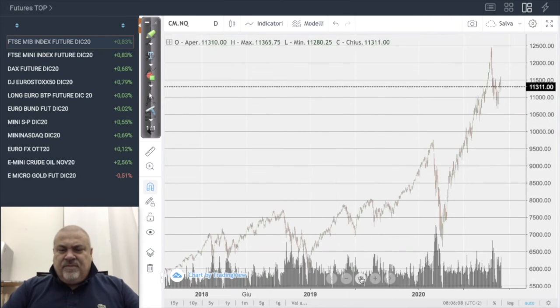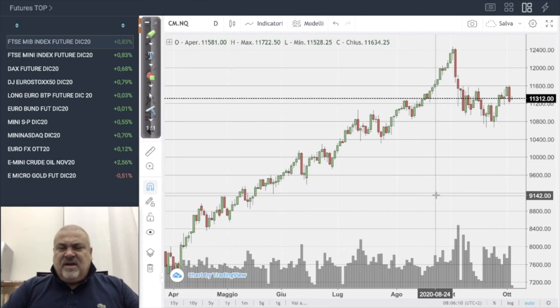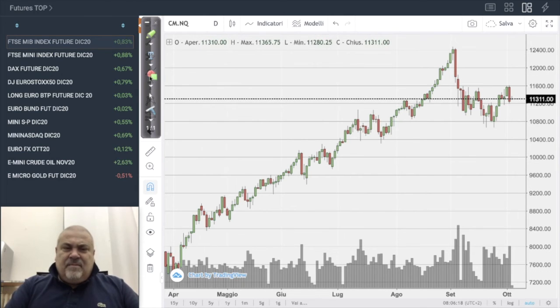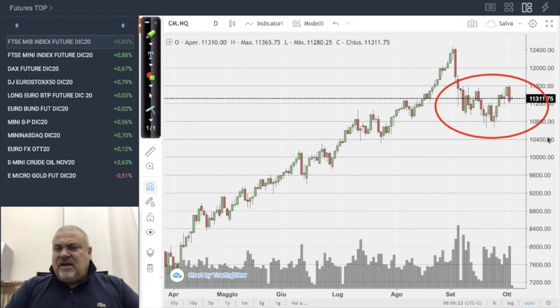And first of all, let's stay here on the Nasdaq, where we can see there was a little recovery from the minimum on Friday, but the market still continues to maintain its trading range here.